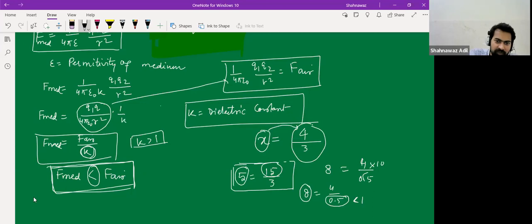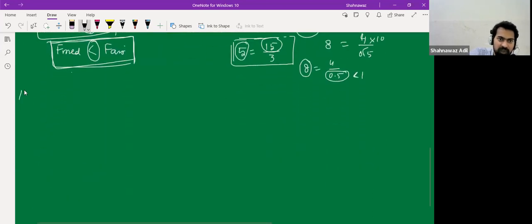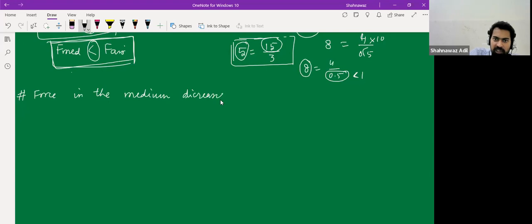So the force in the medium decreases. And how much does it decrease? It decreases by K, which is the dielectric constant. So this is the point to note.